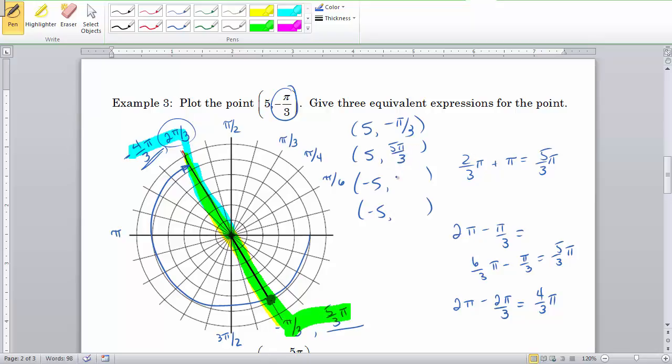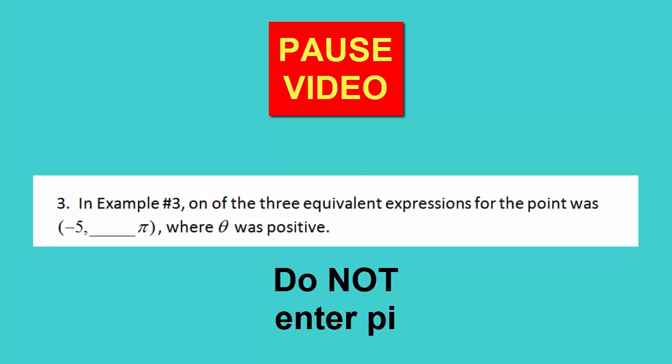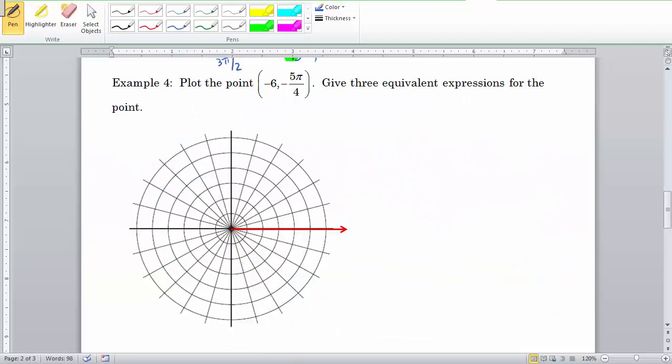And the negative 5, we're going to use those 2 angles. So here I'm limiting theta between negative 2 pi and positive 2 pi.